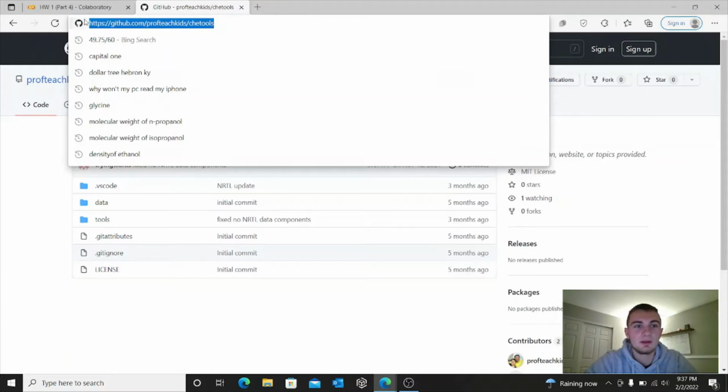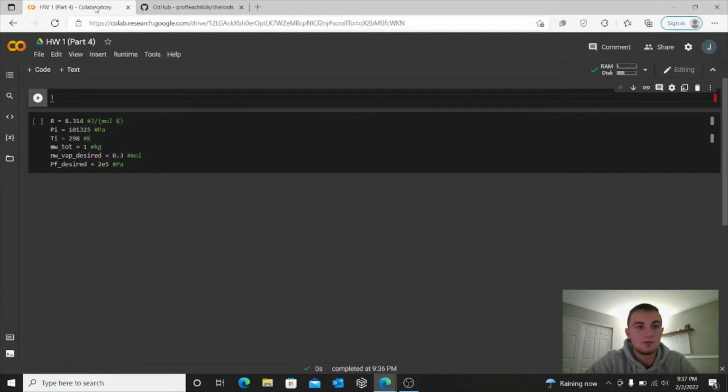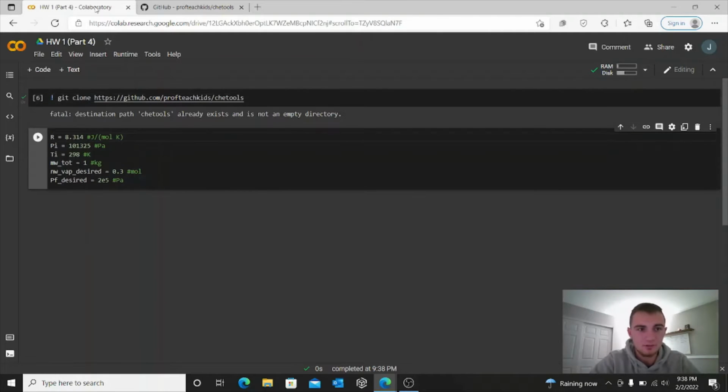So I'm going to go ahead and paste this link for the pre-written code, and I'm going to use a command in Colaboratory called git clone. And if I paste this link here, what this is going to do is it's going to clone or download this pre-written code into Colaboratory so that we have it available to use in this code.